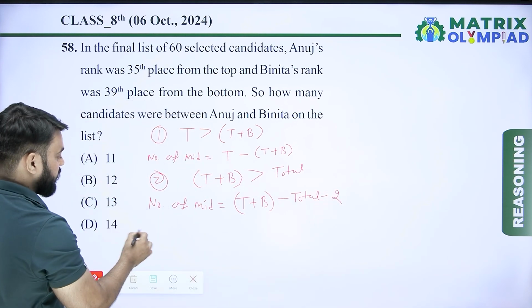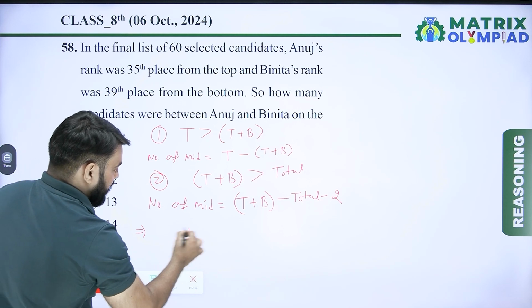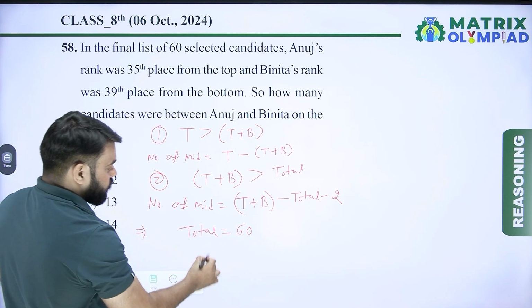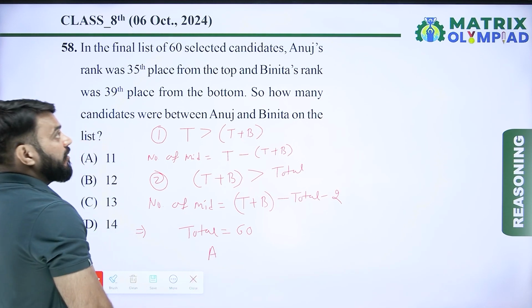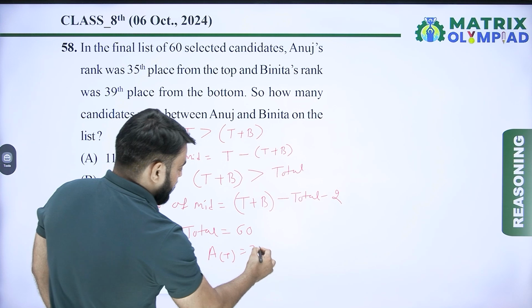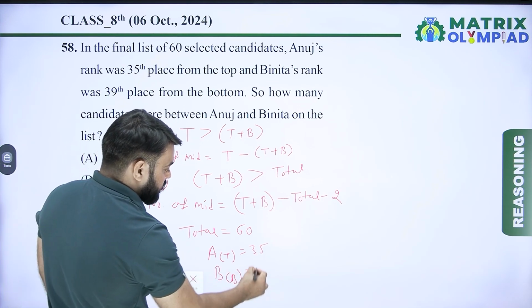So according to the given question, total number of candidates is equal to 60, position of Anuj from the top is equal to 35 and position of Binita from the bottom is equal to 39.